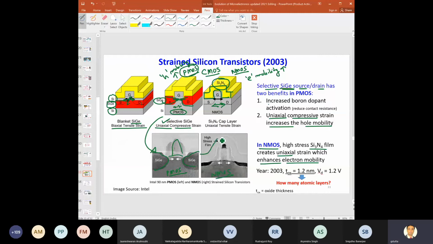For NMOS, a highly compressive silicon nitride film has been used to enhance the mobility of this NMOS, right? So you have understood why we are using these two techniques. And these techniques are still used. This was introduced in 2003. This is one of the very, very important things.